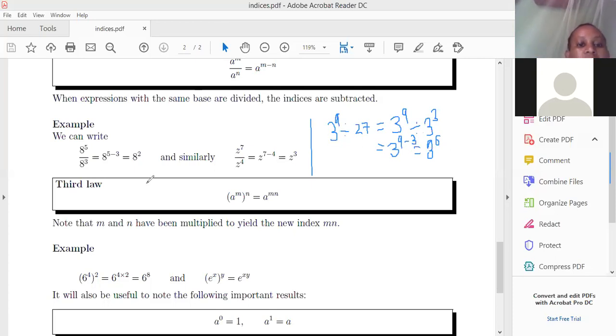The third law is where a particular value may have a power, and then again, the whole of that is raised to another power. And these powers can even be fractions, decimal numbers, or even negative values.